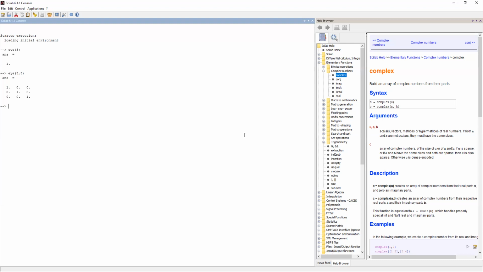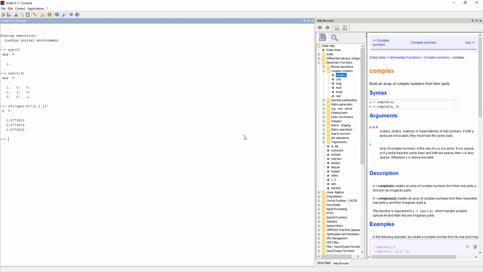So we'll now start with n equals 1 over square root of 3 times 1 1 1 prime, so it's a column vector.